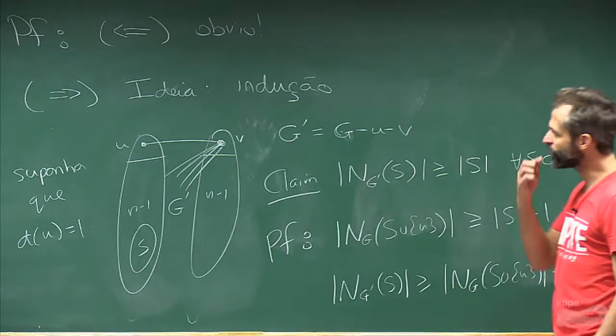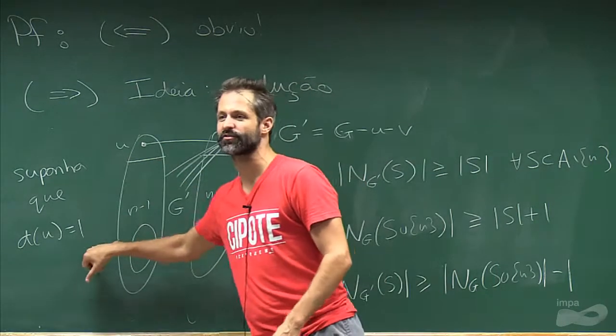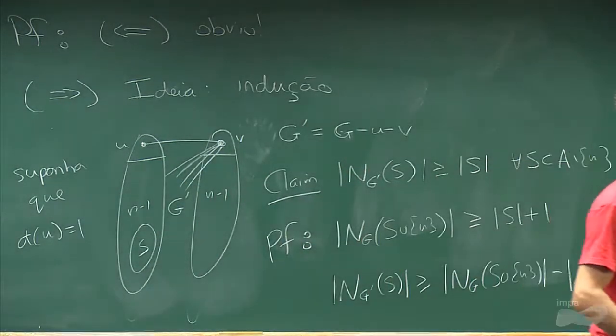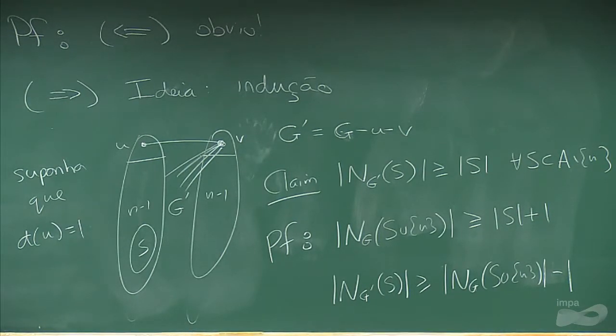OK, so that was a proof in the case there exists a vertex of degree 1. Now let's turn that into a proof in general. Who can take this proof and turn it into an actual proof of the theorem?